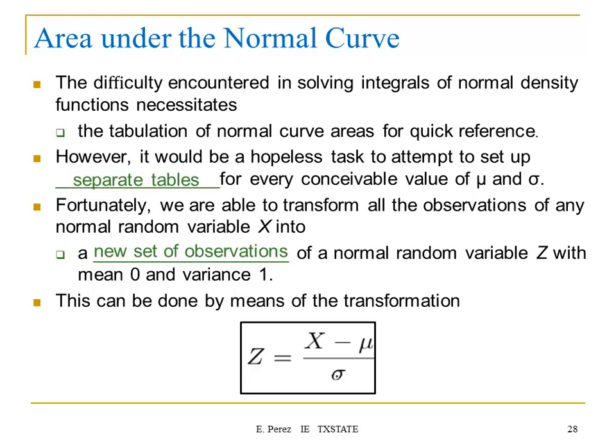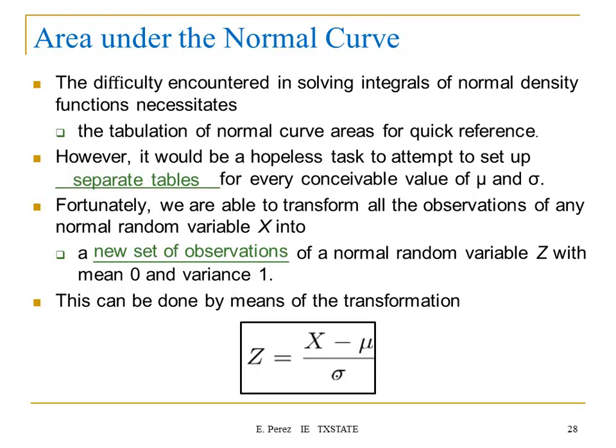We're going to use only one table in which the mean is 0 and the variance is 1 for the normal. You can take any normal distribution with any mean and any standard deviation, and you can transform that to a normal 0, 1 using this. That will allow you to compute any probability using the normal by using this transformation and the tables.